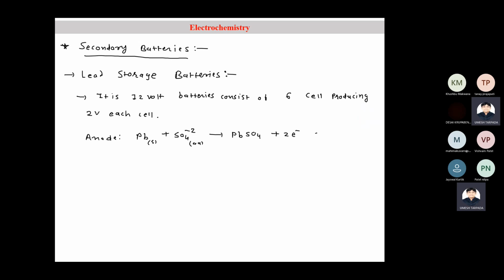So in short, the product formed at anode is PbSO4. What happens at cathode? PbO2, that is Pb in a plus 4 state, reacts with SO4 minus 2. Again the product is PbSO4.